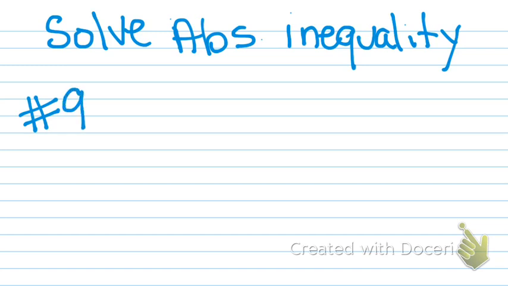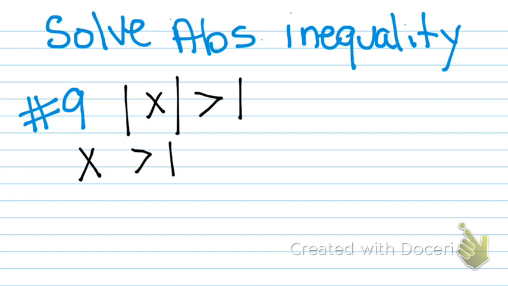Number 9. The absolute value of x greater than 1. We copy the problem 2 times. Keep in mind that we only copy the numbers inside the absolute value and the number outside the absolute value twice.